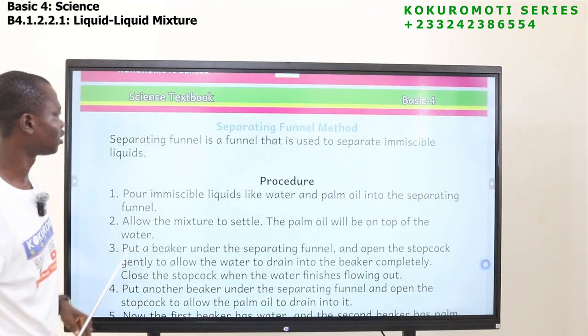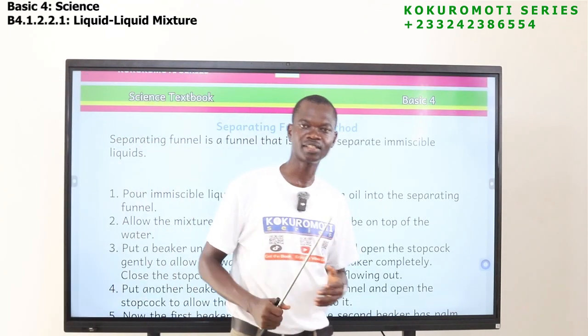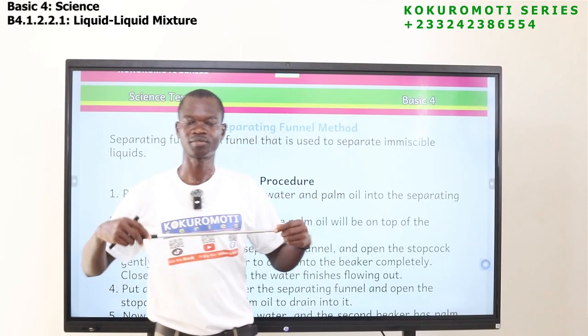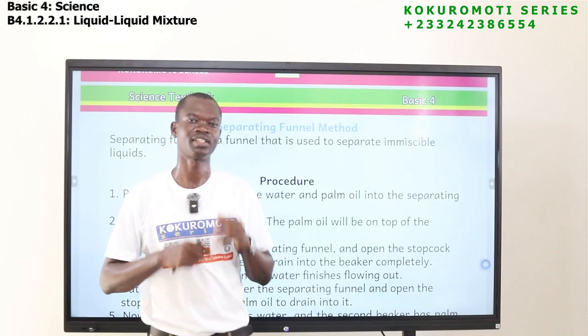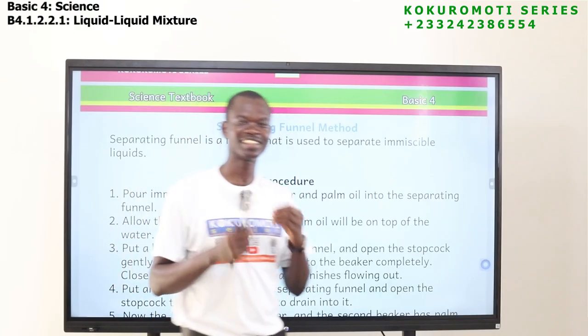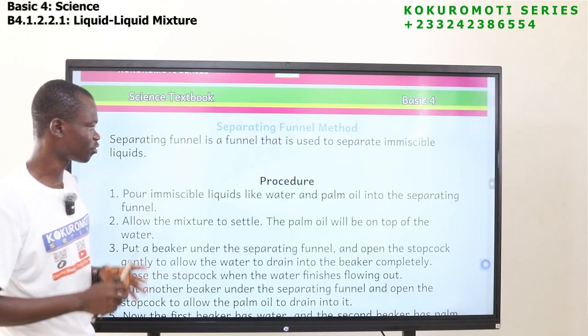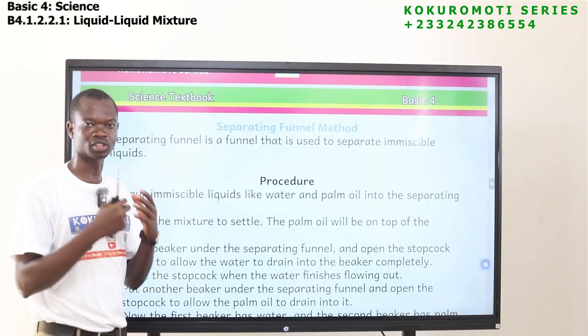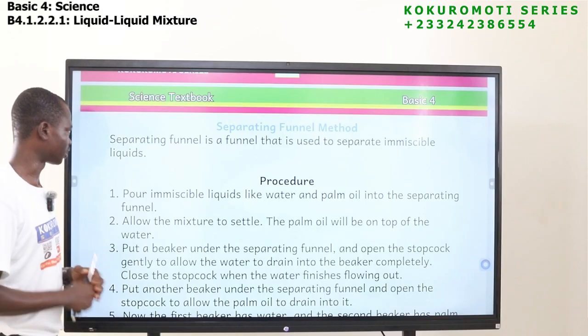Now this is another method of separating liquids, and this type of liquid mixture is what we call immiscible liquids. These liquids are not able to mix completely. So we are going to perform an experiment to see how we can separate these liquids.